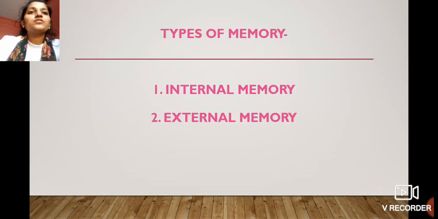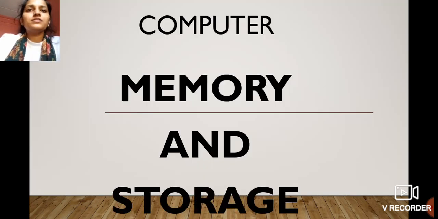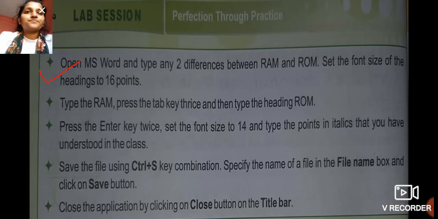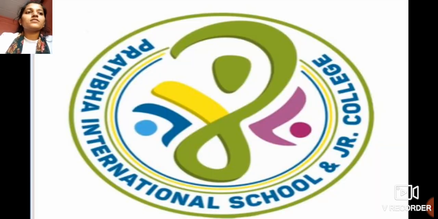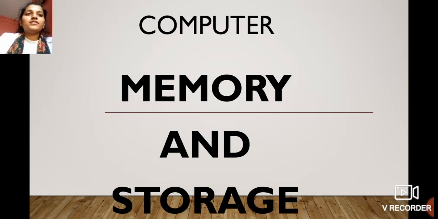Now we are going to just revise our lesson number 2. Okay, whatever we have done in just few points, we are going to just revise our lesson number 2. So students, lesson number 2 was memory and storage. The lab practical which I have given you is related to the lesson number 2 only.